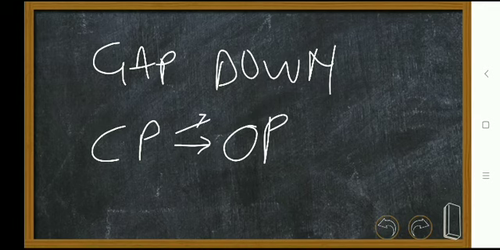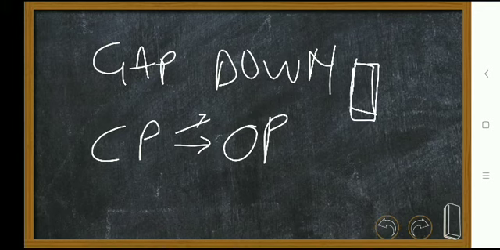Let's say we had this, because a gap down can also happen in a bullish trend. Let me show you an example. Let's say this is a bullish candle. This means this is the opening price. The closing price is higher.